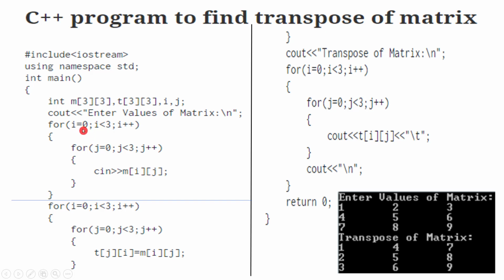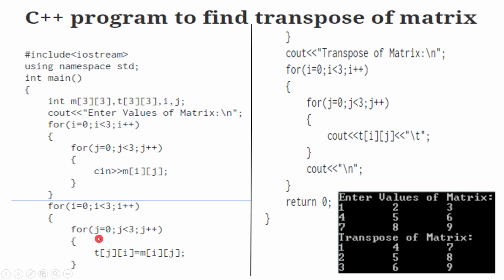So for i equal to 0, in the first row itself, you have the variation of columns: 0th position, first position, second position. Then it will come to the next row. Like that, the values are entering into the matrix. So it's clear, a for loop for one row and one for column, and you have the final matrix value ended like this.